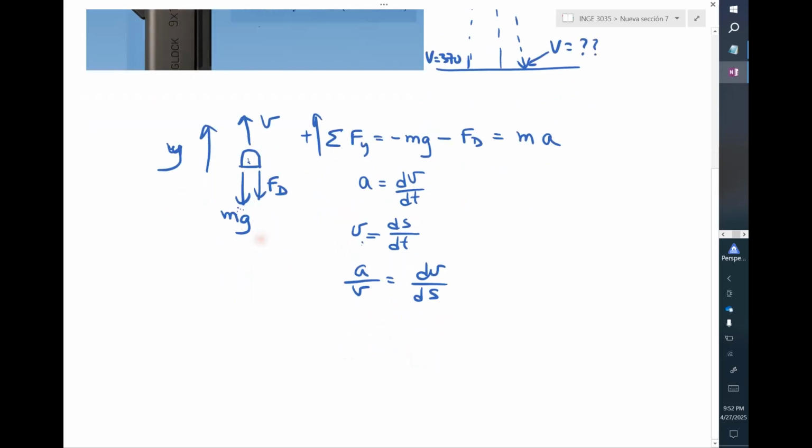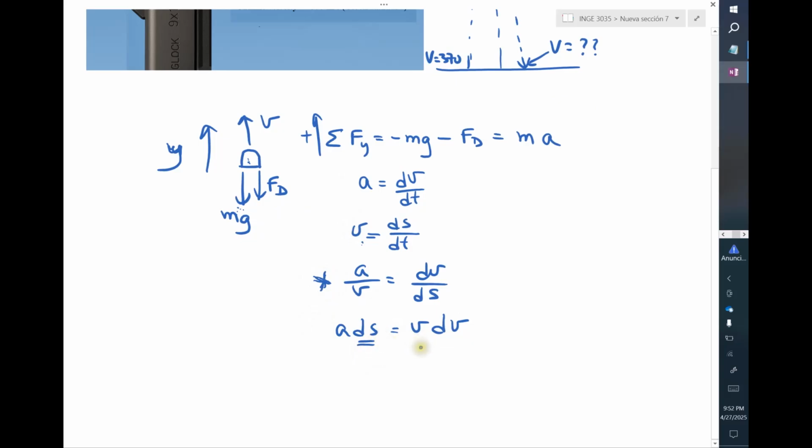If we separate variables here, we have a ds equal v dv. Here's the nice thing about this third version, which comes from using the first and second: I have ds and I don't have time. Time is not involved here, which is nice because I don't need to know the time.